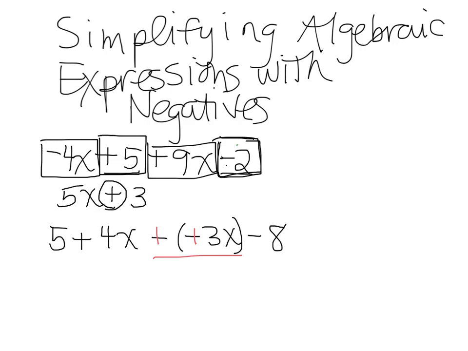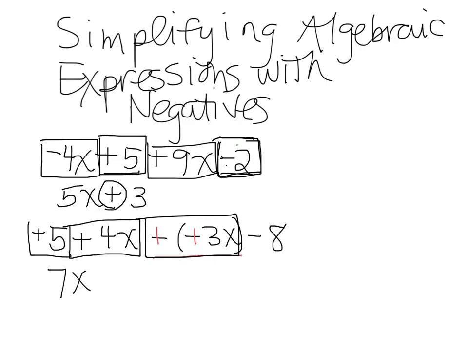Now we go about it the same way. Positive 4x and positive 3x is 7x. If there's not a sign in front, we know that that's positive. So positive 5 and negative 8 is negative 3.